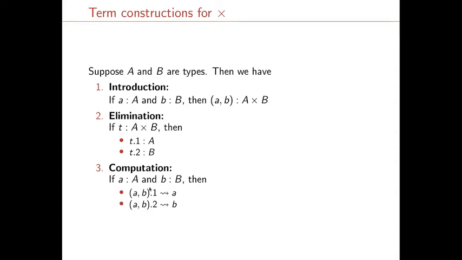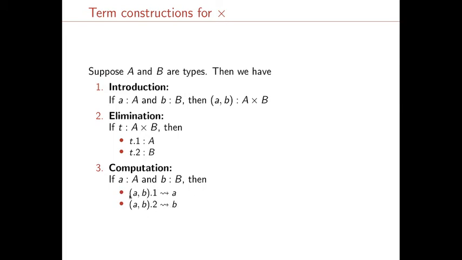So to repeat, the computation rule says that if we first form a pair (a, b) from ingredients a and b, and then we take the first projection of that pair, we get the original a back that we plugged into the pair. And if we form the pair from these individual components and then take the second projection, we get the b out that we plugged in initially.